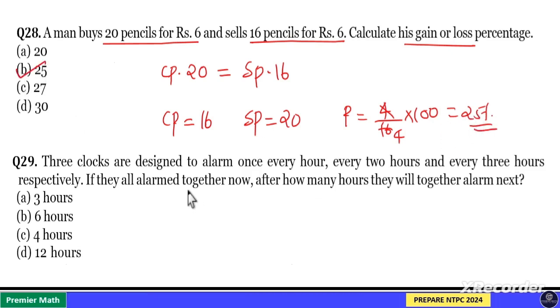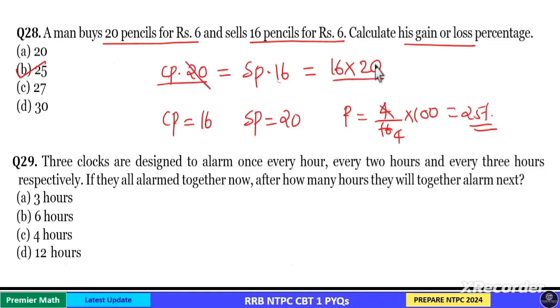Profit is 25%. That is, if you take CP of 20 and SP of 16 pencils as 16 into 20, the values with CP and SP are 16 and 20. So multiply 16 and 20 and write it as CP of 20 equal to SP of 16 is equal to 16 into 20. Now just equate CP of 20 with 16 into 20.